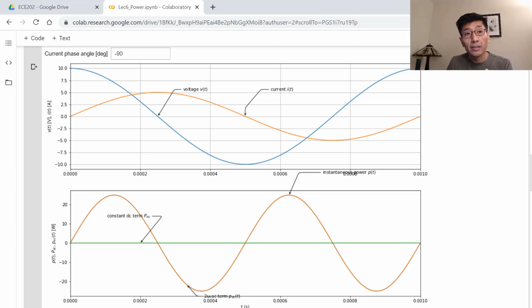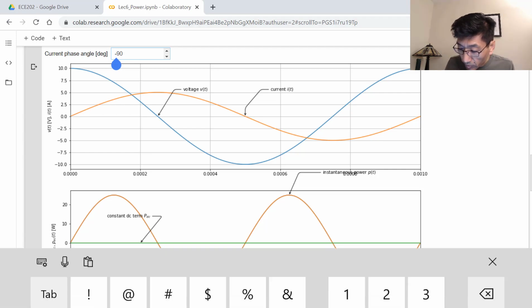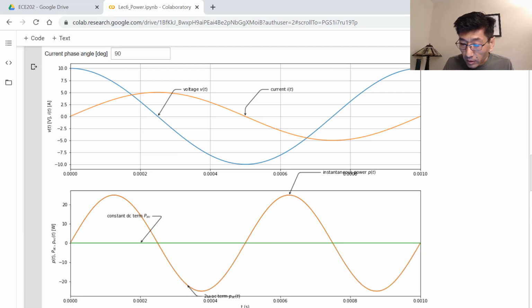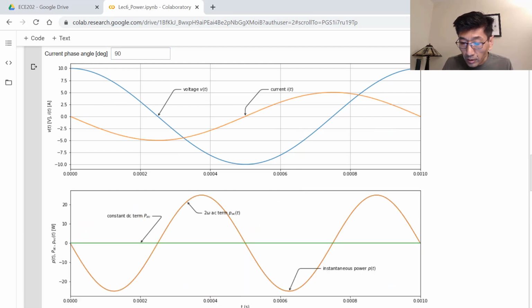Let's look at the capacitor case. Since i equals C dv/dt, the current is leading the voltage by 90 degrees. Let me change that to plus 90. I'll bring up the keyboard. If I just delete this and change the angle, now the current is leading. You see this current reaches its peak 90 degrees before the voltage does.